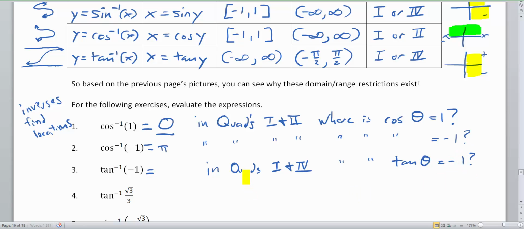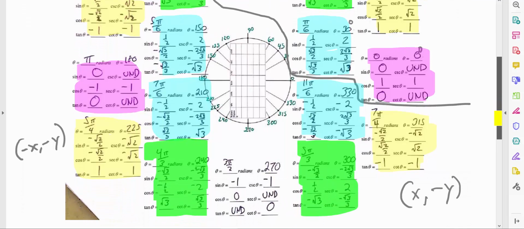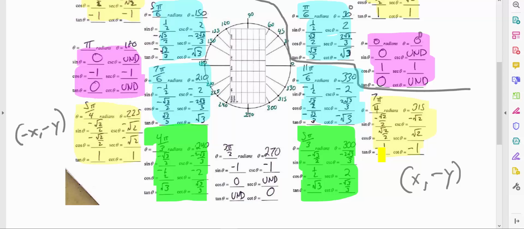So where's tangent theta equal to -1? Okay, so now I am going to look in quadrant 1 or 4. Well, since it is a negative, I'm going to look in quadrant 4. And when is tangent equal to -1? It looks like tangent is equal to -1 at 7 pi over 4.